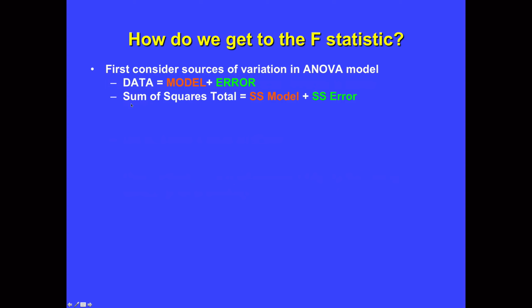Or in other words, in ANOVA phrasing, there's a sum of squared variation total for the overall data, and that can be broken down into variation explained by the model and by the error. And within SAS, you'll see the word model quite frequently. Some textbooks would, instead of using the word model, use the word groups, for example. But SAS will provide output that uses the word model and error.